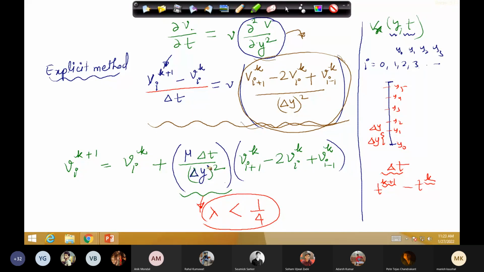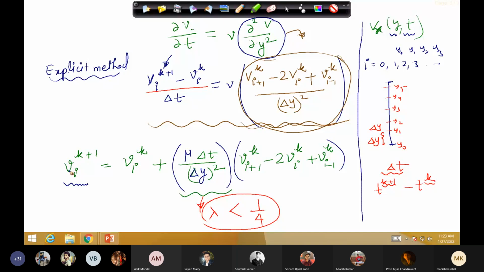So Anik, why do we say explicit? It is called explicit because for finding the next variable we are using the known quantities.